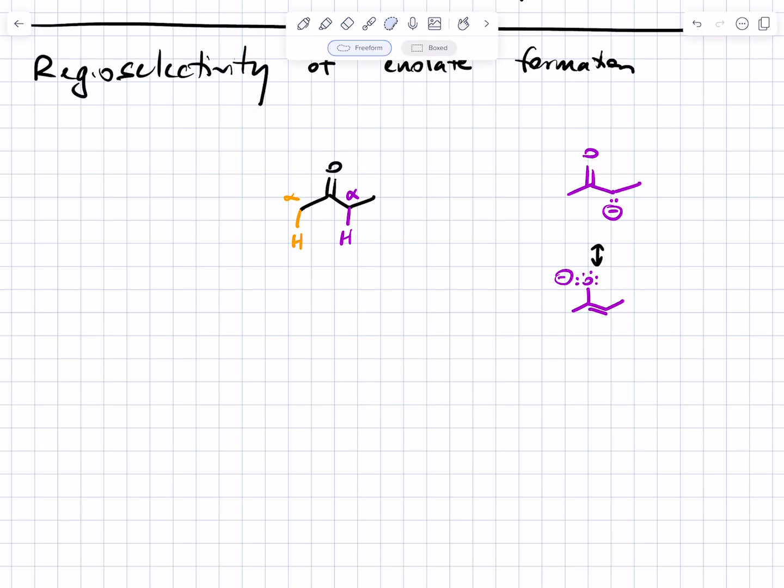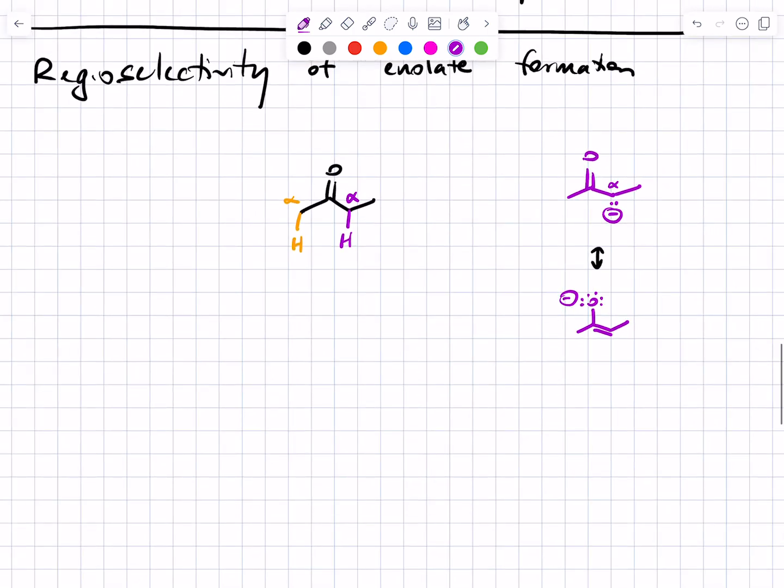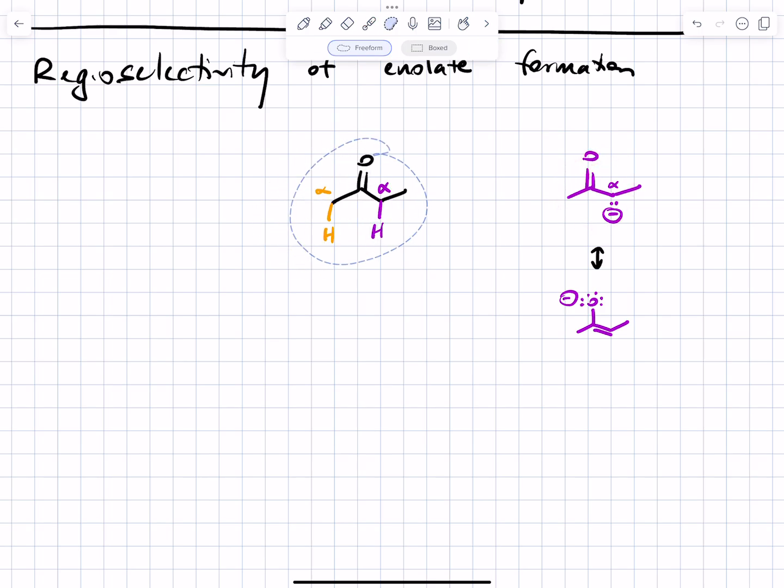Some people prefer to draw the enolate with the negative charge on the oxygen because they're like, oxygen's more electronegative than carbon, so that resonance structure should be a major contributor. And that's fine. We're going to see that a lot of the subsequent reactions we do with enolates are on the alpha carbon though. So I often prefer just to save myself time and draw the negative charge on the alpha carbon.